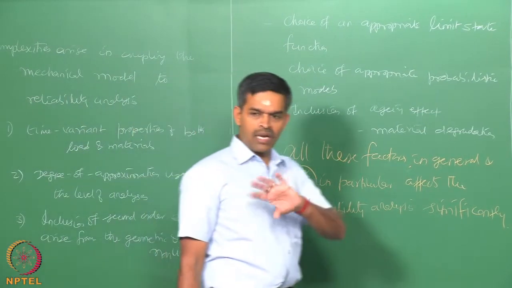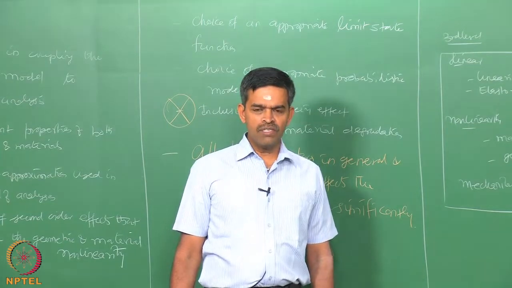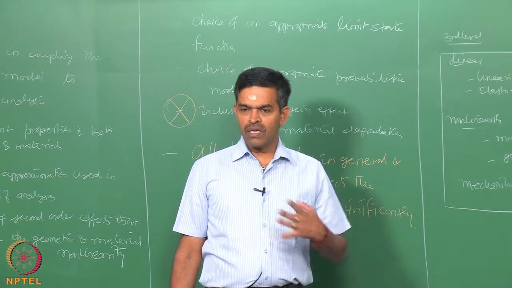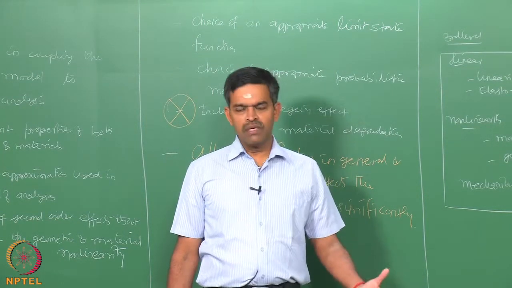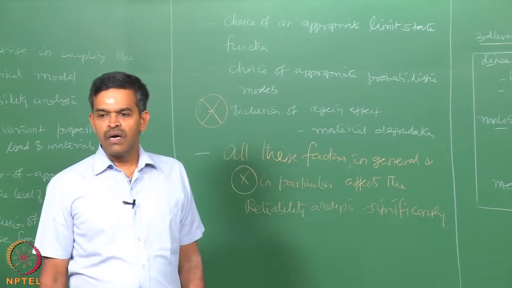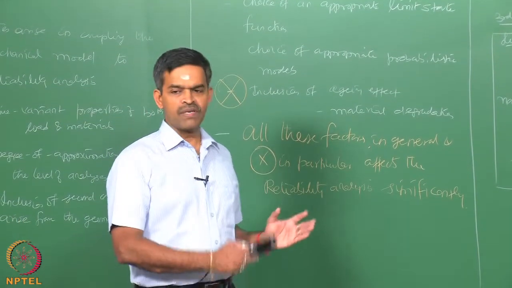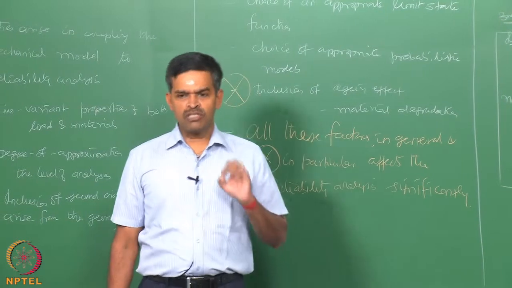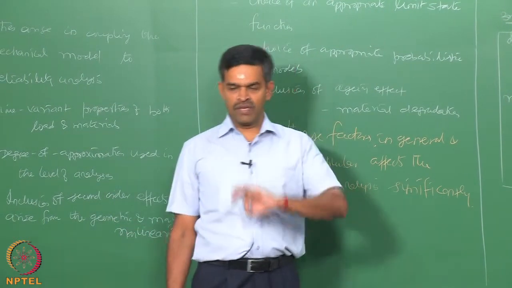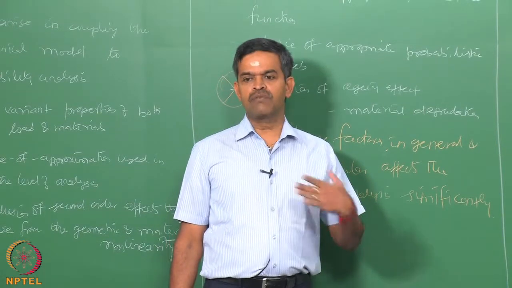Friends, let us try to recollect that reliability is actually a study which tells us to know whether the system is successful in performing the intended function under the given space of time, under the given loading or under given specified conditions. So, one should be able to check the system for its safety or for its success in performing an intended function.